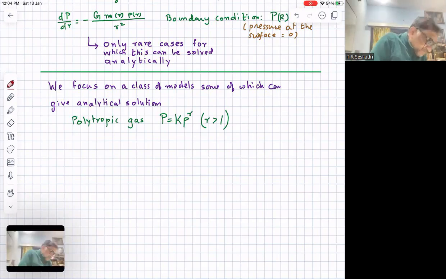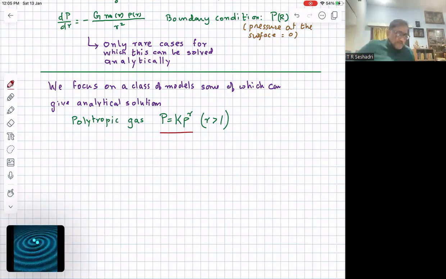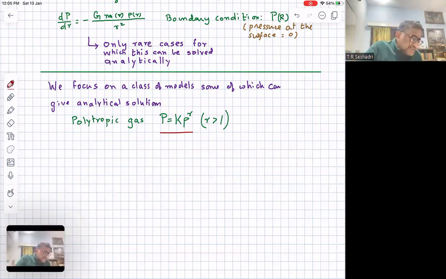So for these models, we have the pressure going as a constant times rho to the power gamma. Now, suppose it is a monatomic gas and gamma is 5/3, then it is an adiabatic law, right? PV to the gamma is equal to constant. Yes. Okay. But now I am saying that I take any gamma which is a constant, so not necessarily adiabatic.